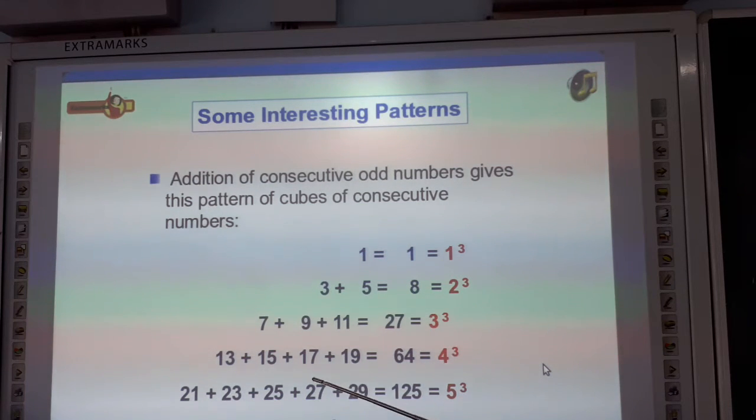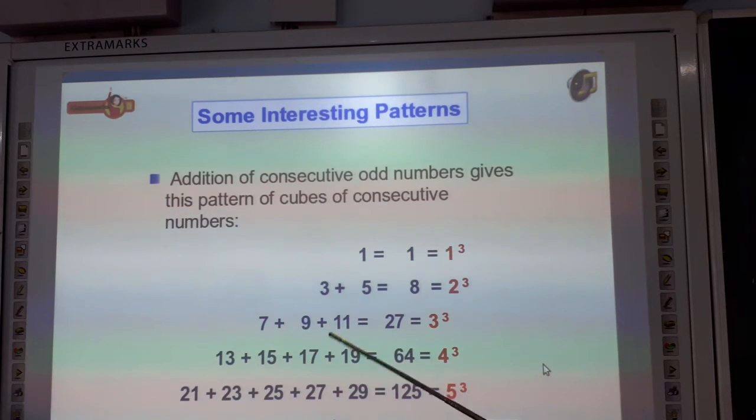Then 4 next odd numbers are added, 13, 15, 17, 19, that will give 4 cube, 64. Then 5 next odd numbers are added and we get 125, 5 cube. And then when we add the 6 next odd numbers, we will get the sum 6 cube, which will be 216.